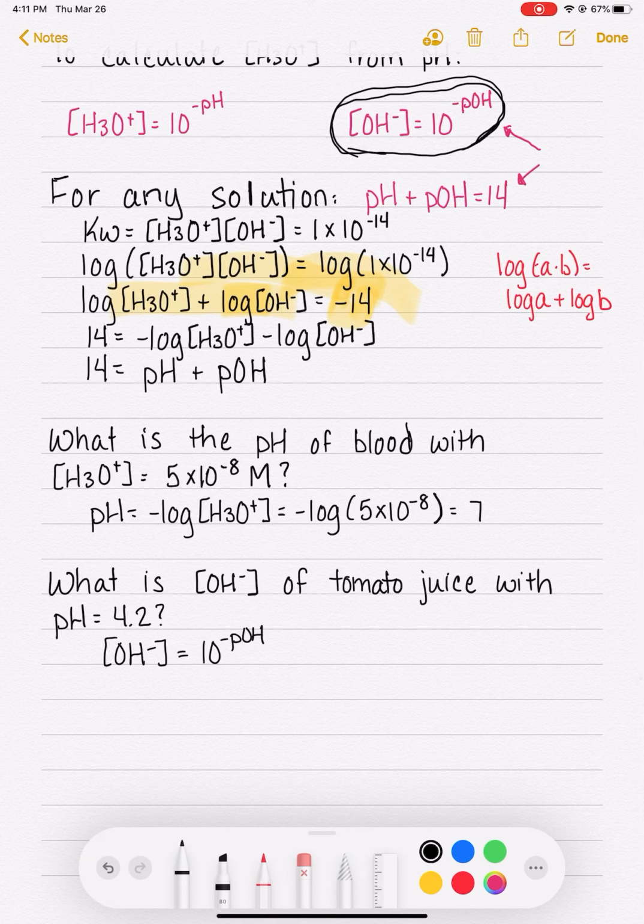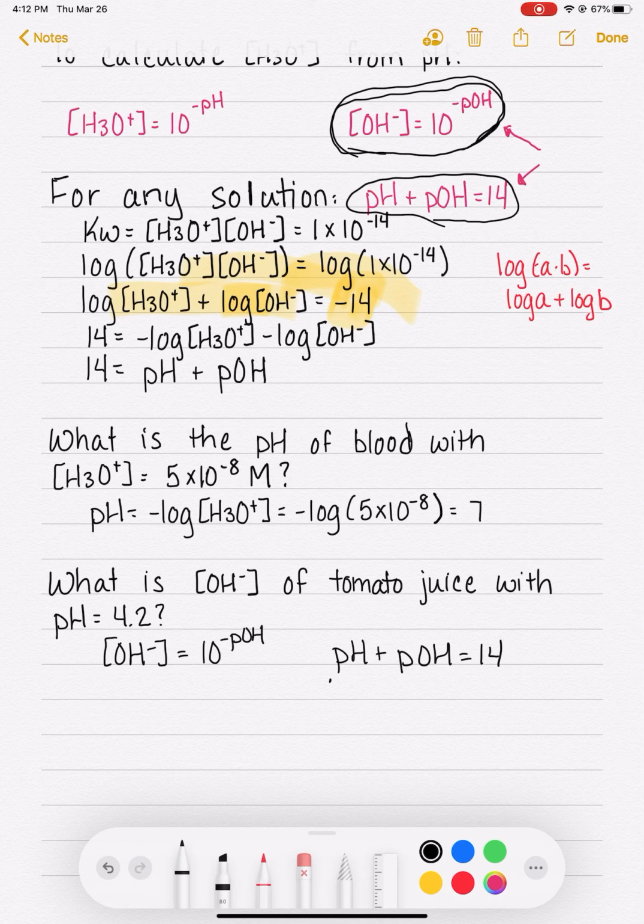To do that, we've got this cool equation right here that we can use. pH plus pOH equals 14.